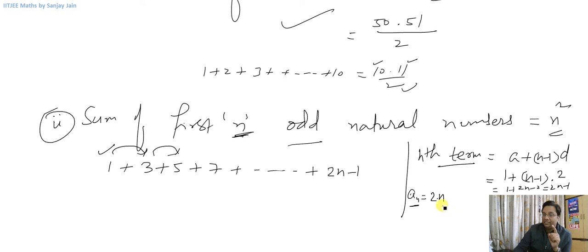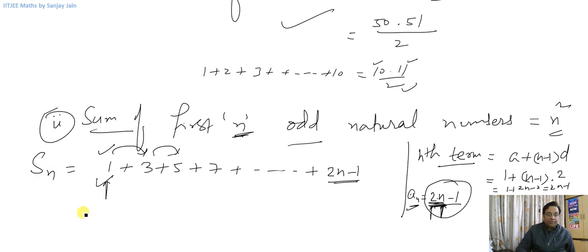So 2n will definitely be there in the expression for an. Now look at the first term. First term is 1. If I put n equal to 1, I'll get 2. So I need to subtract 1. Now if I put n equal to 1 here, I'll get 1, which is my first term. So the nth term of this AP is 2n minus 1, right? I need to find this sum now.